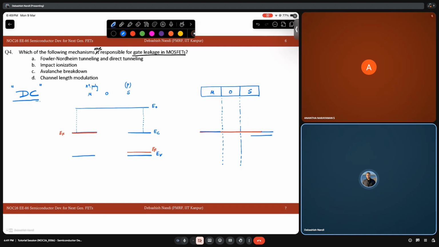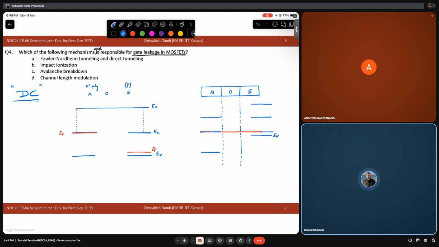This is my EV, and this is my EC, and accordingly, this will be my E0.